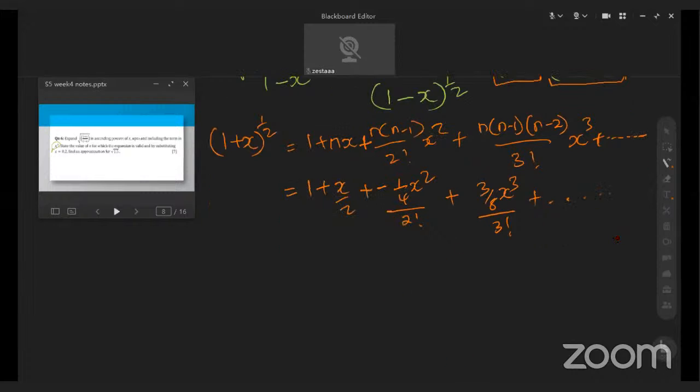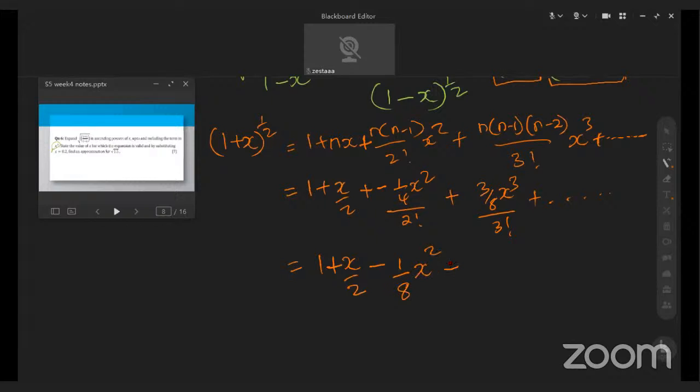So when we do the substitution here, we shall get 1 plus x over 2. This will be minus. This will be 2 factorial times this. It will be 1 out of 8, x squared.